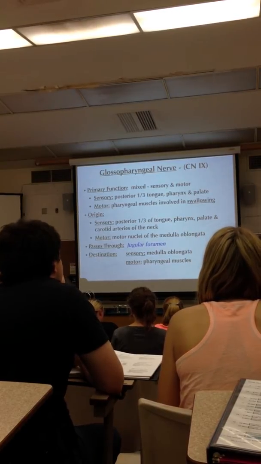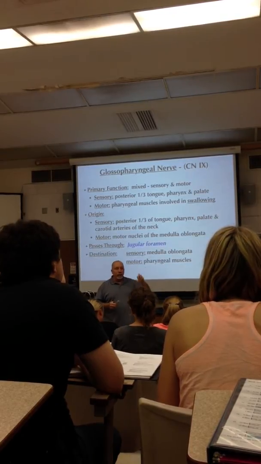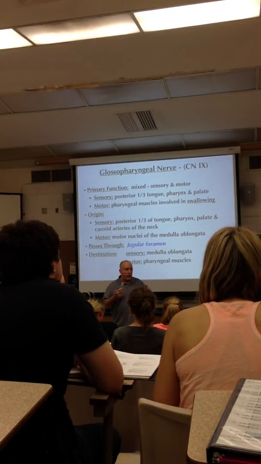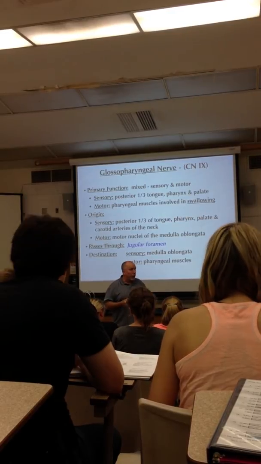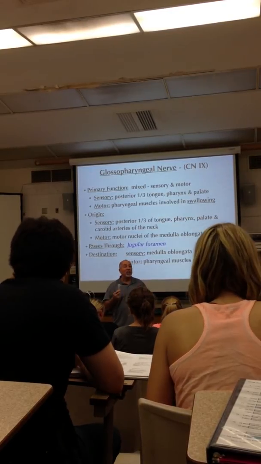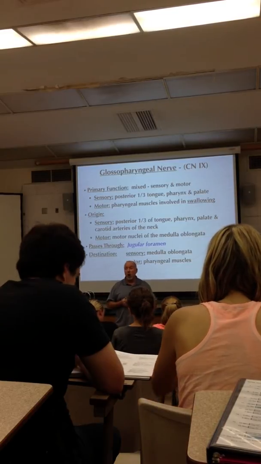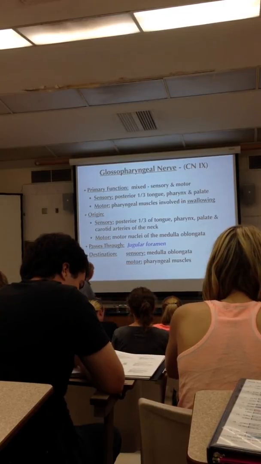Now, what we're going to see is this nerve, along with 10 and 11, all have some function with the pharyngeal muscles for swallowing. So they all contribute to that. What's cool, too, is they all are going to go through the same hole. So 9, 10, and 11 are all going to pass through that jugular foramen. Okay? So that helps you.